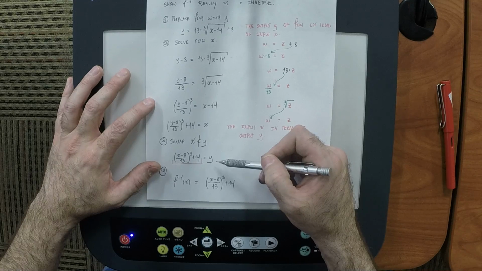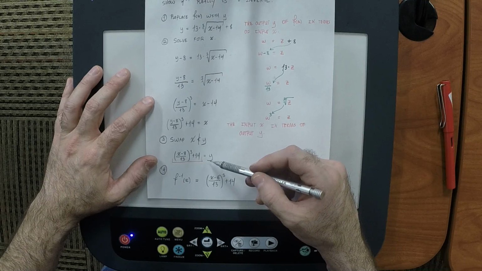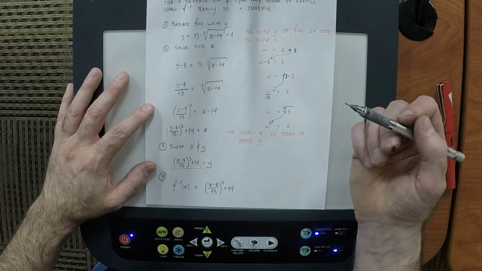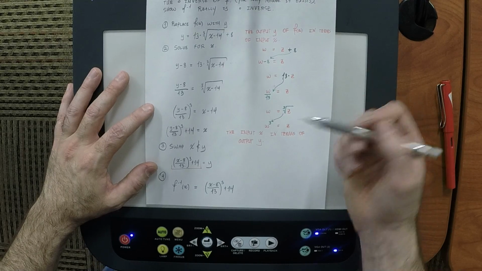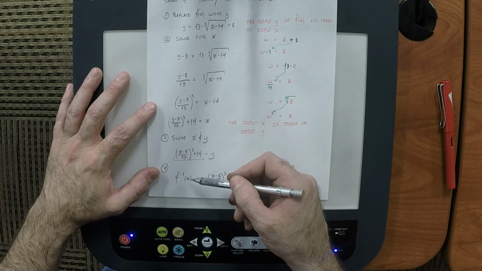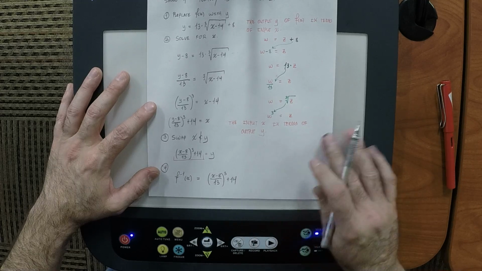Because in the end, the reciprocal doesn't have anything to do with y. That's not what he's asking. He's asking what's the inverse. Y is just a name for the output. That's all that it is. And so now you can think of it, from here to here, now it's replaced y with f inverse, like that.